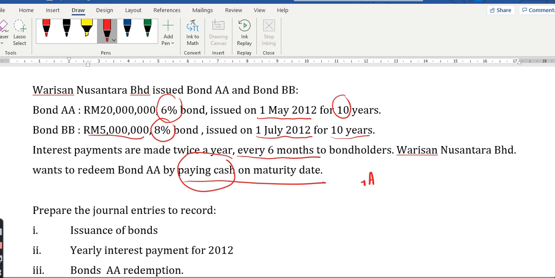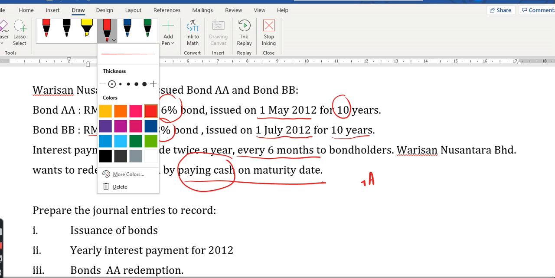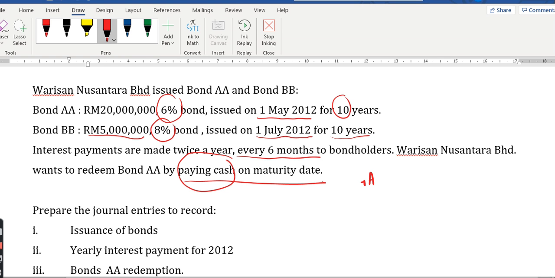So this is for bond AA. The issuance date is 1st of May 2012, and after 6 months you need to pay the first interest payment.